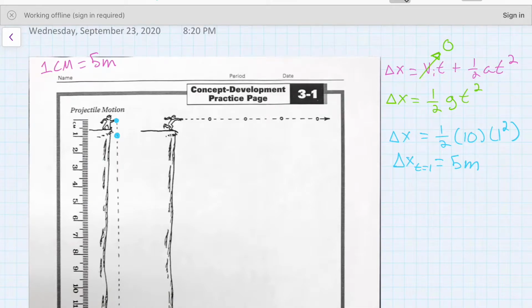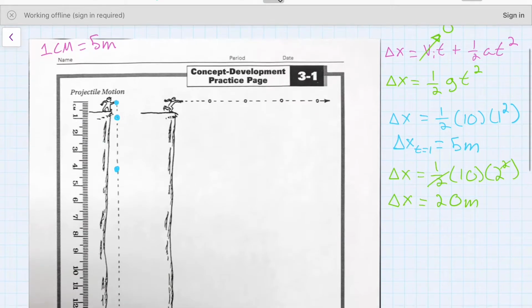So let's keep working these out. The displacement is equal to 1/2 times 10 meters per second squared times 2 seconds squared. Simplifying this, one of these 2's is going to cancel out that 1/2, so we're left with 2 times 10, which is 20 meters. And since 1 centimeter is equal to 5 meters, that means the ball is now going to be at 4 right here.